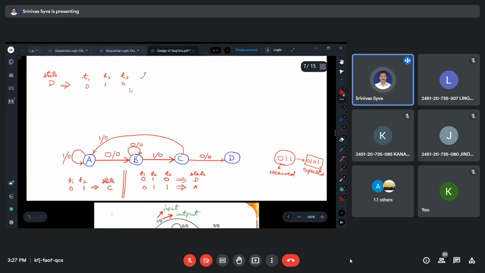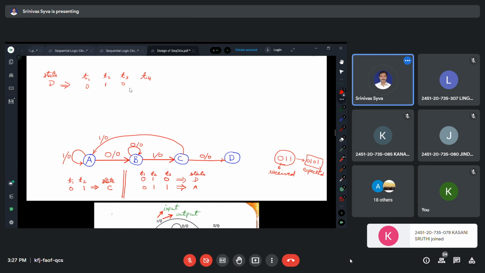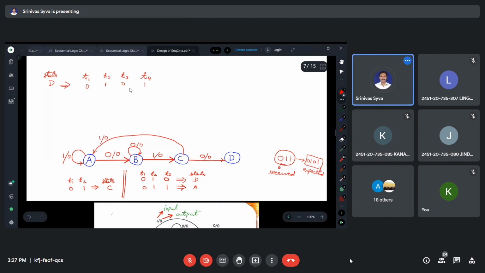Next, if we receive 1 again at the fourth instant of time, what happens? The expected pattern was received.